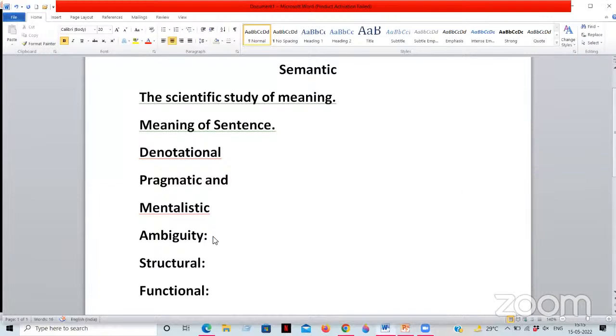That is what is called ambiguity. Now there are two types of ambiguity. One is structural ambiguity, and another one is functional ambiguity. So I will explain this using some examples.